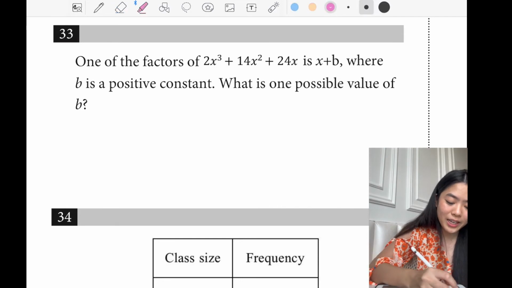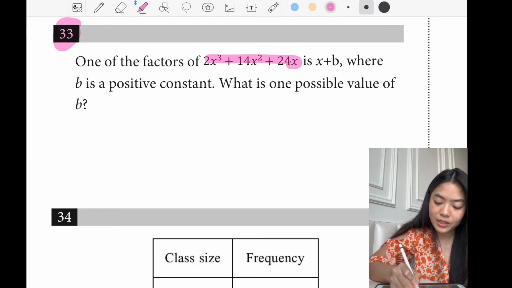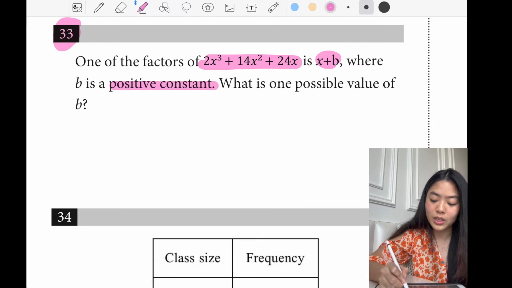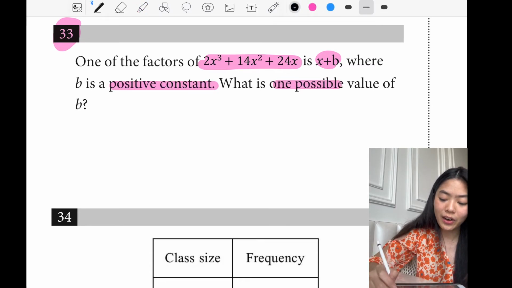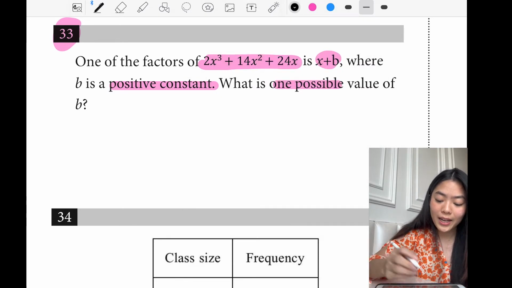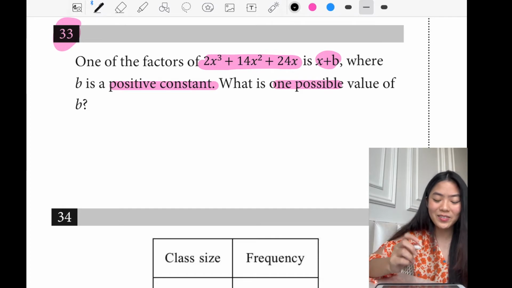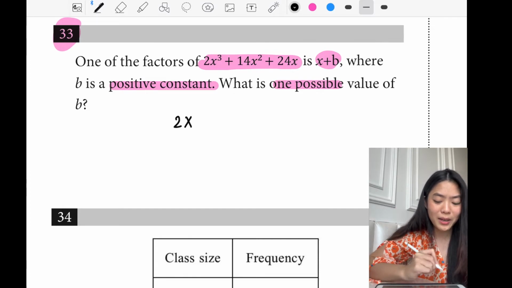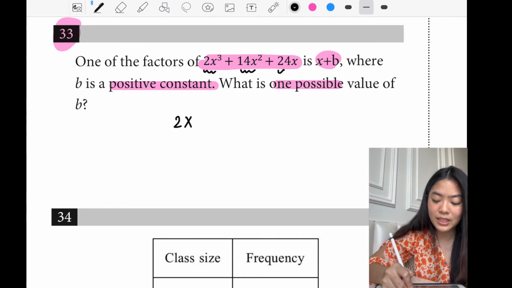Question 33. One of the factors of this cubic is x plus b, where b is a positive constant. What is one possible value of b? From here, we can solve this by factorizing first, because we see a common factor between these three terms.